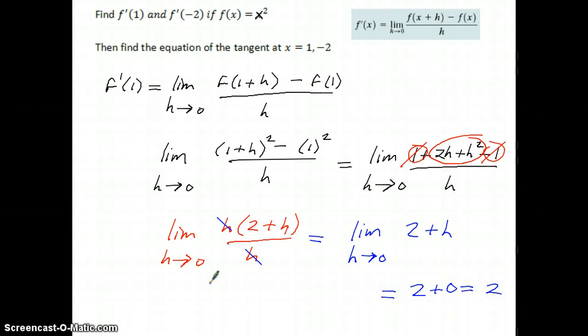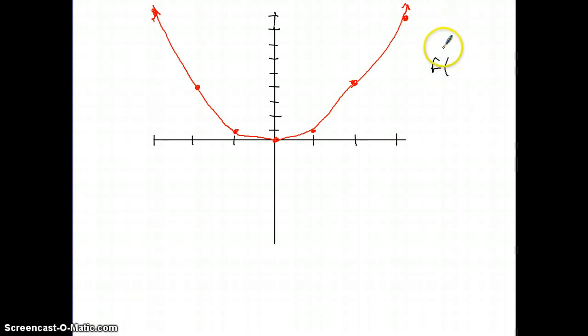What the heck does that mean? Let's get a visual of what's going on here. What I need to do is graph f of x equals x squared. So I'm going to go ahead and graph this. Okay, so here we want to understand what f prime of 1 really means.